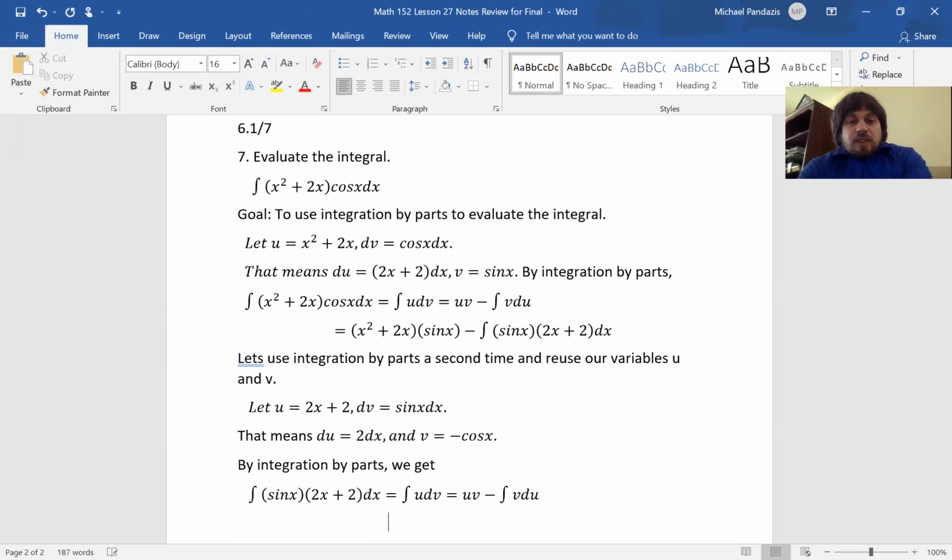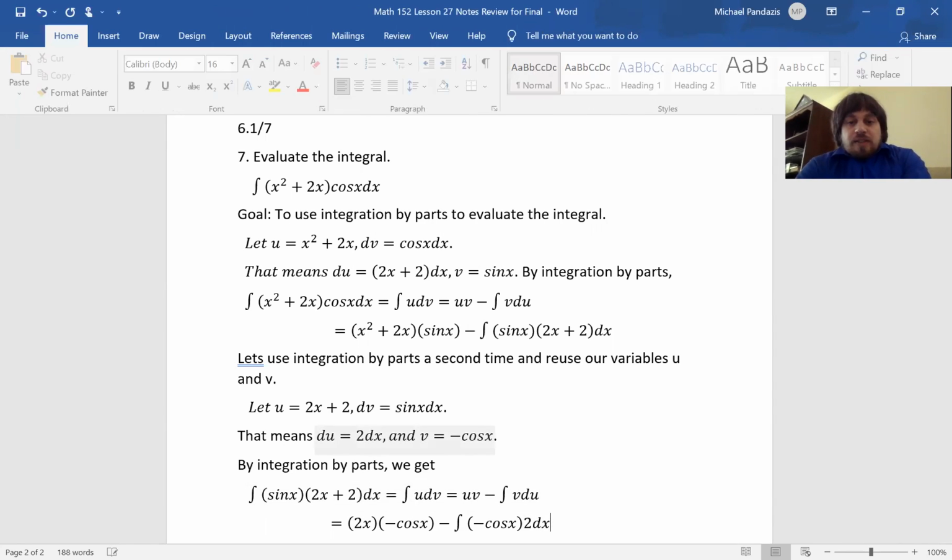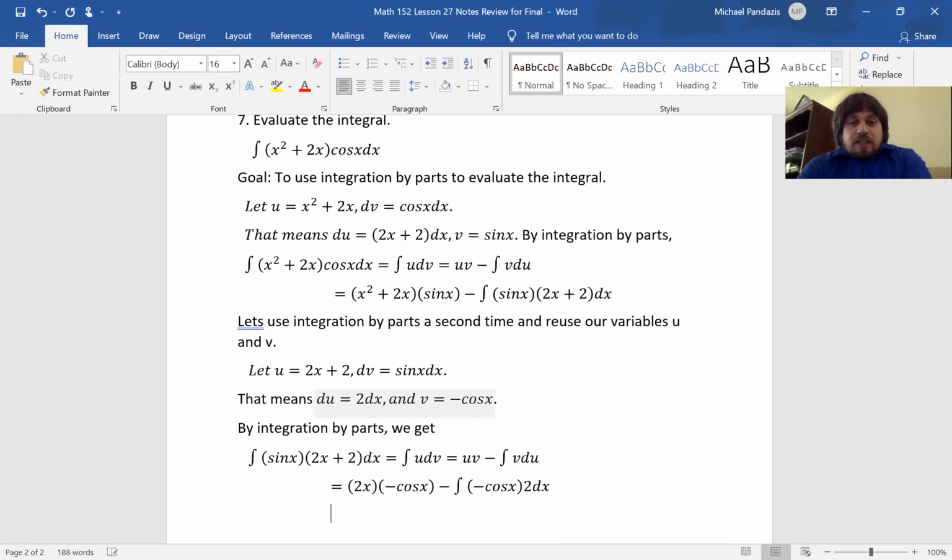So u is 2x plus 2, v is negative cosine x, and that's minus the integral of v, which is negative cosine x, du, and du is 2 dx.